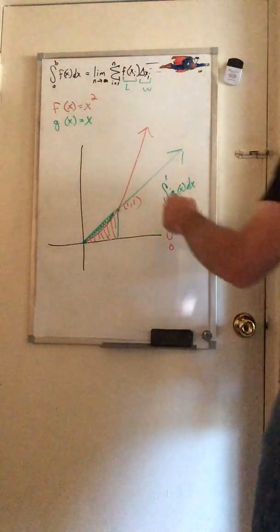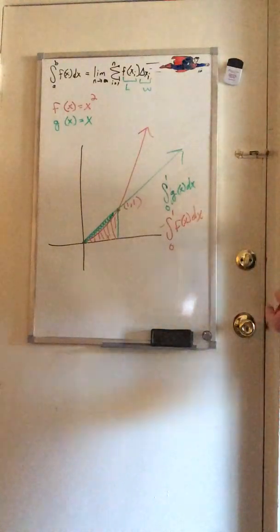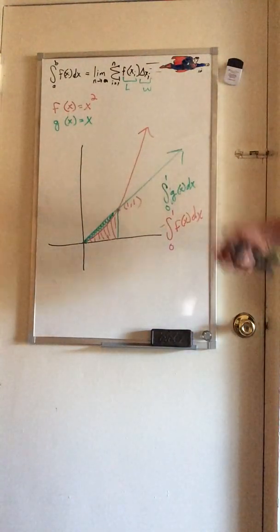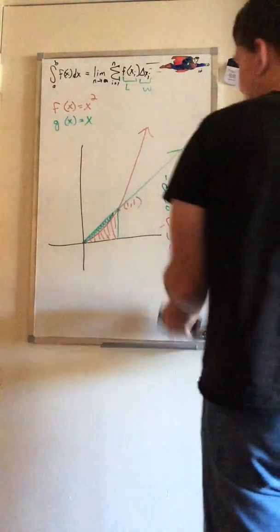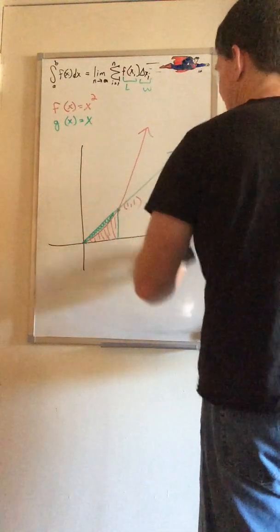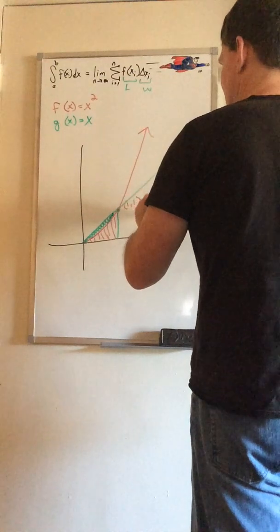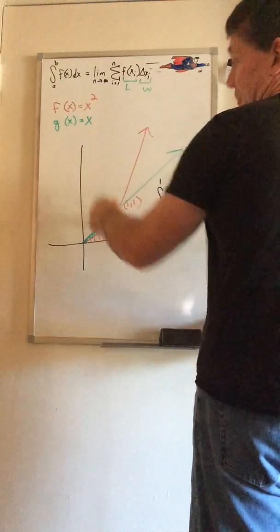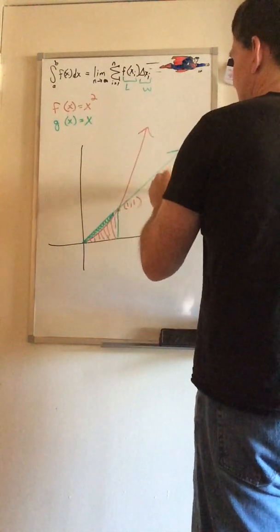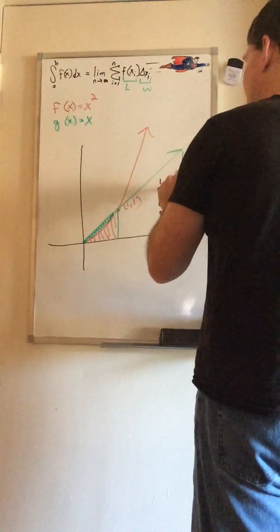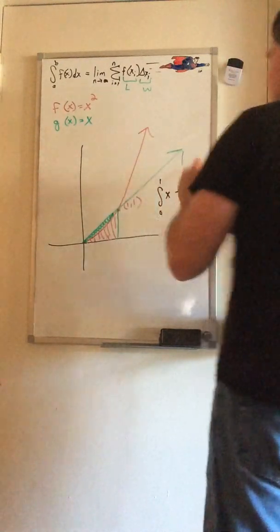But we understand that the difference of two integrals is just the integral of the difference. So I can rewrite this as the integral from 0 to 1 of the top function, which is x, minus the bottom function, which is x squared, dx.